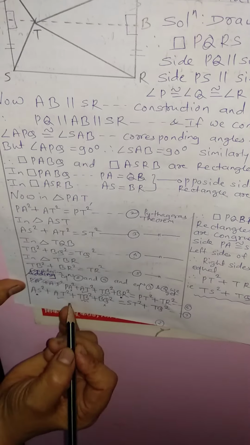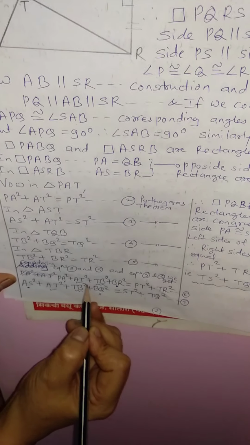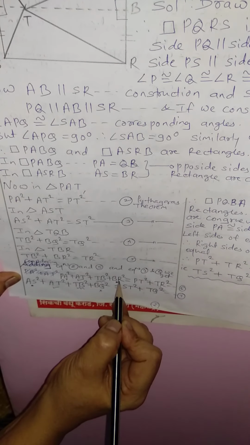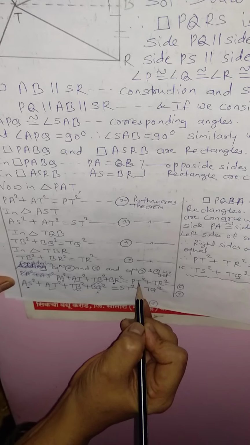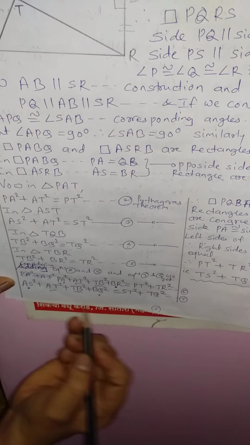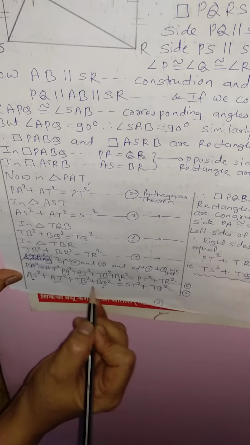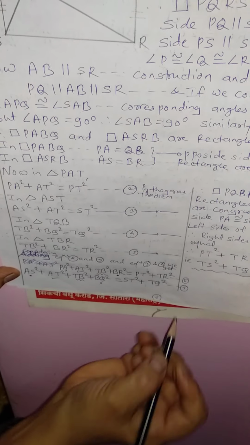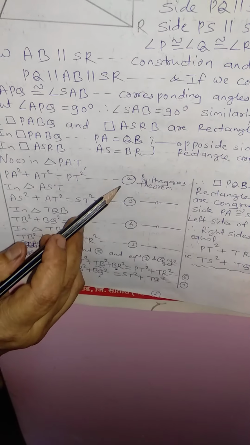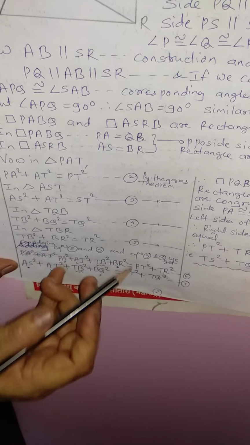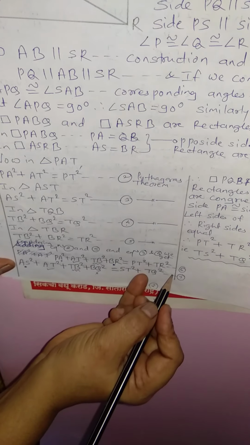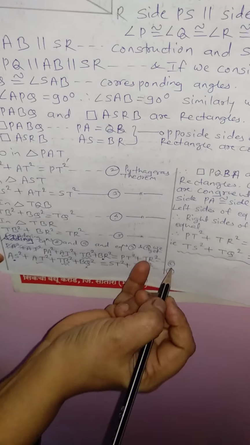Accordingly, PA square plus AT square plus TB square plus BR square is equal to PT square plus TR square, and AS square plus AT square plus TB square plus BQ square is equal to ST square plus TQ square. Means when we add equations second and fifth, and third and fourth, we get these two equations, which we have labeled as equation number 6 and 7.